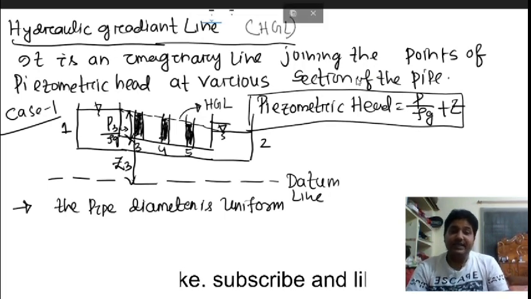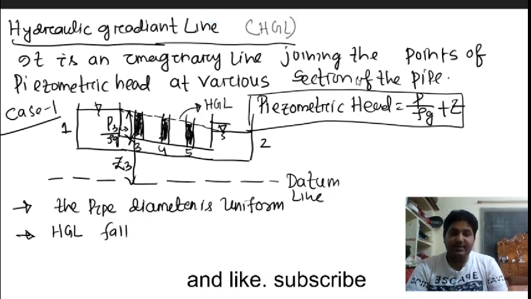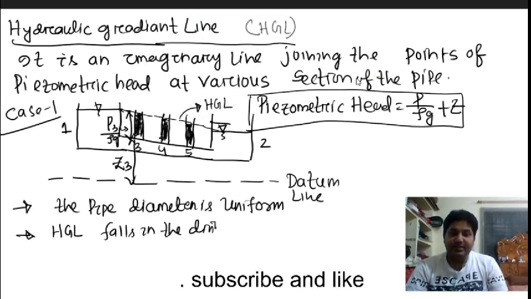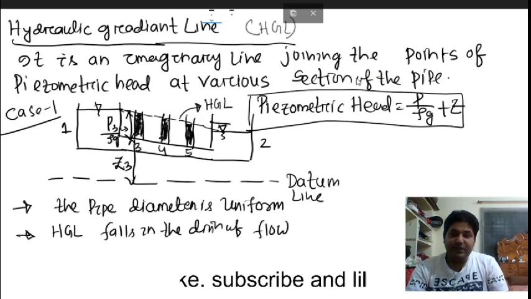So in this case, the hydraulic gradient line falls in the direction of flow, because the points of the hydraulic gradient line are the pressure head plus the datum head.